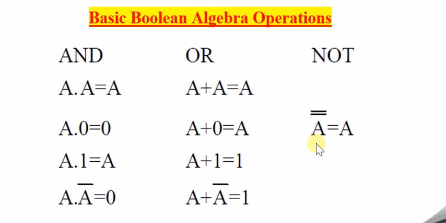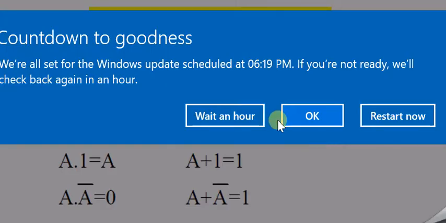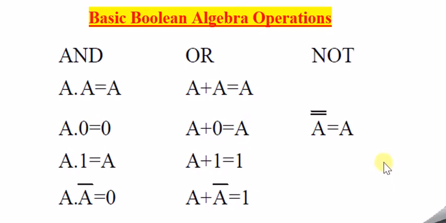NOT is basically the inverter. NOT of A is nothing but A bar. A bar whole bar means the answer is A, since both the bars will cancel and it will be A. If A is 1, then A bar will be 0. If A is 0, A bar will be 1.